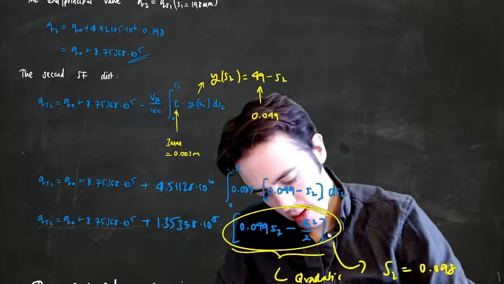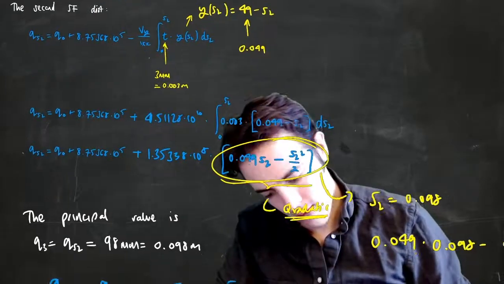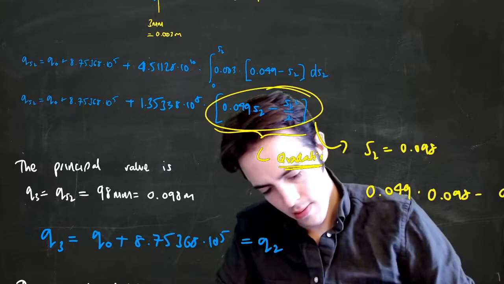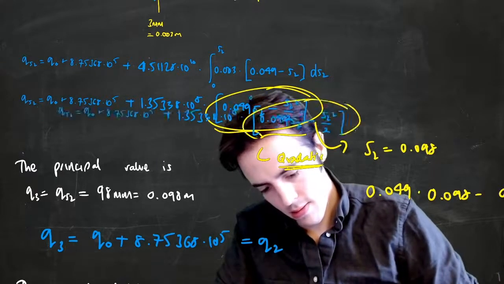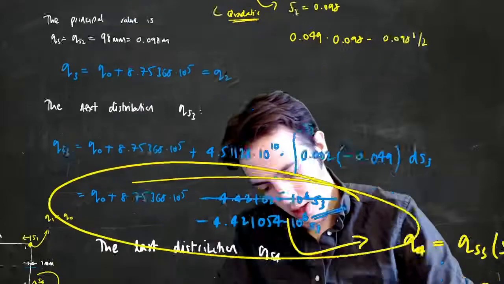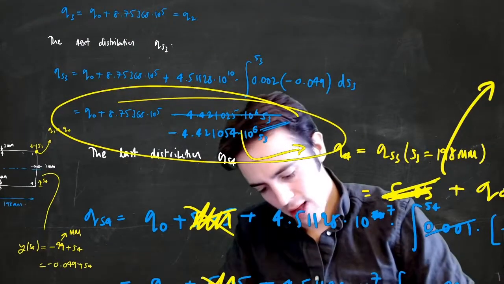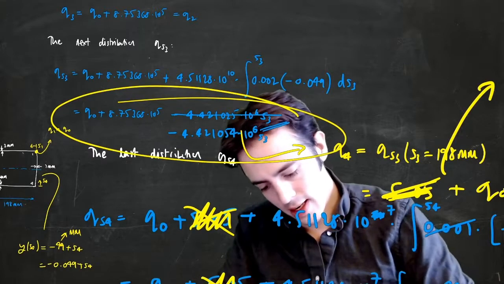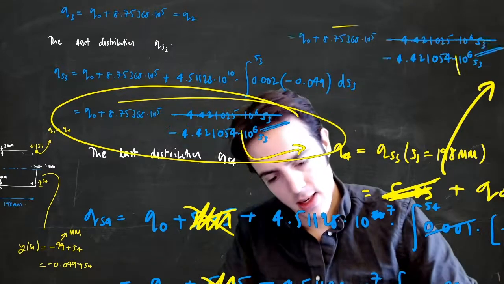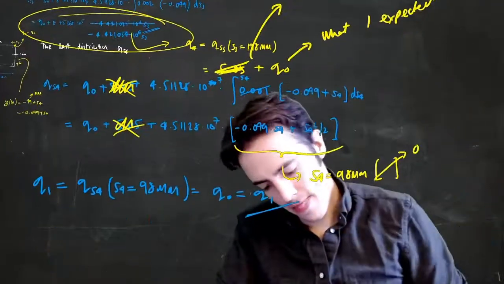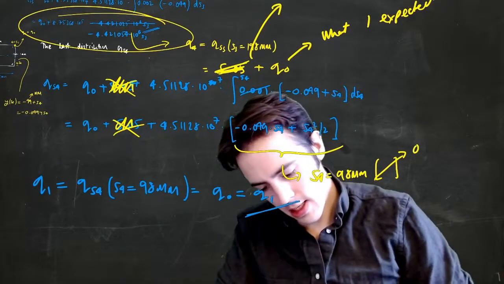Copying QS2 is what I want. QS3, which I've written none of these nicely, so I'm going to rewrite them all tidily. I just want to be able to copy them all in one go. And then QS4 is this one here.